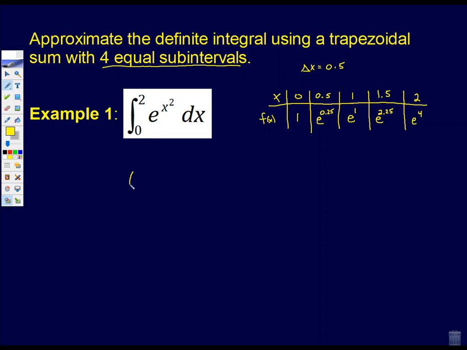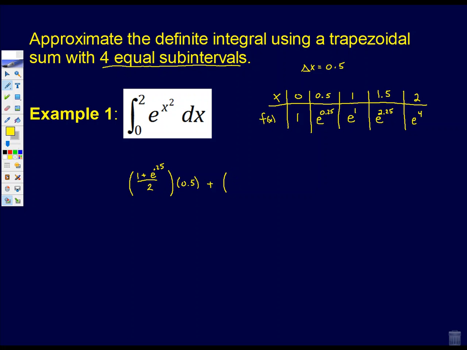So in the first interval from 0 to 0.5, I'm going to average the two values of the function, 1 and then e to the 0.25. Take the average of those and multiply by the width, 0.5. And I'll just keep going here. So I'm going to keep writing them out.